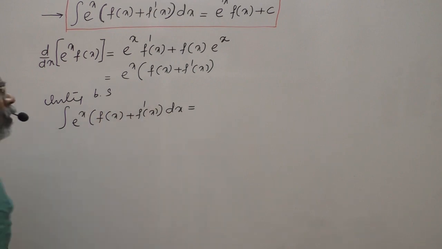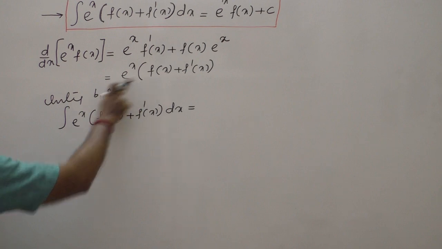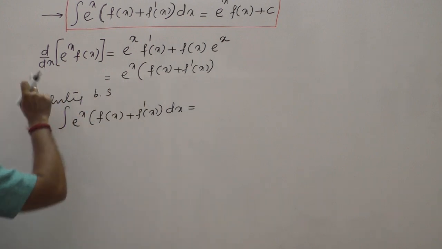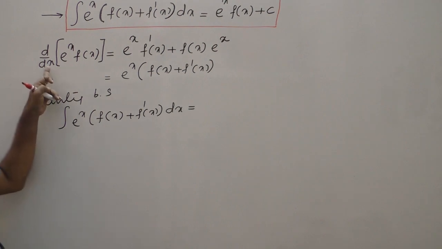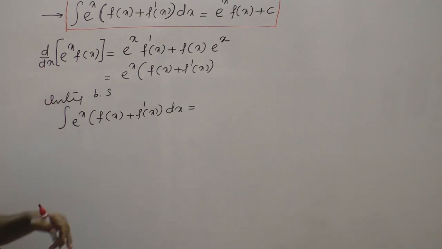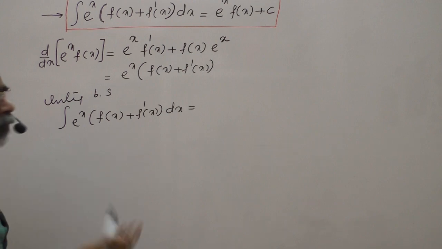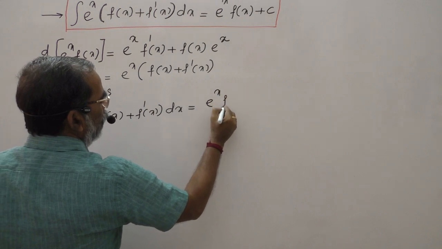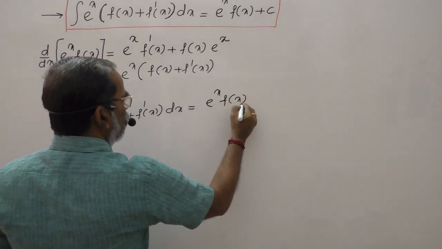I have integrated on the right side, so I should integrate on the left side. On the left side there is a derivative. Derivative and integral are inverse, no? They will cancel, so we will have only e power x into f of x.